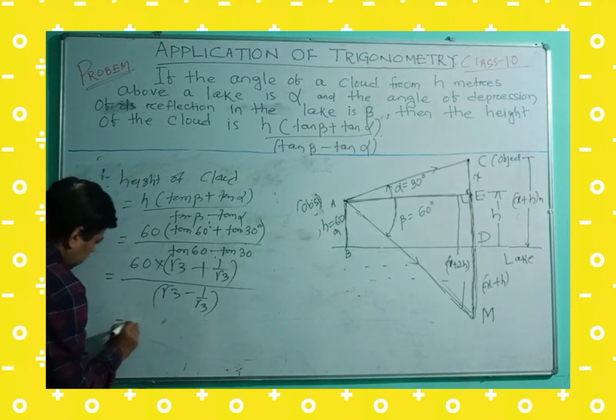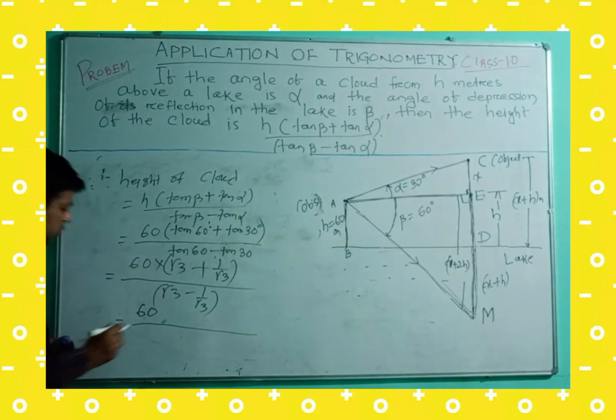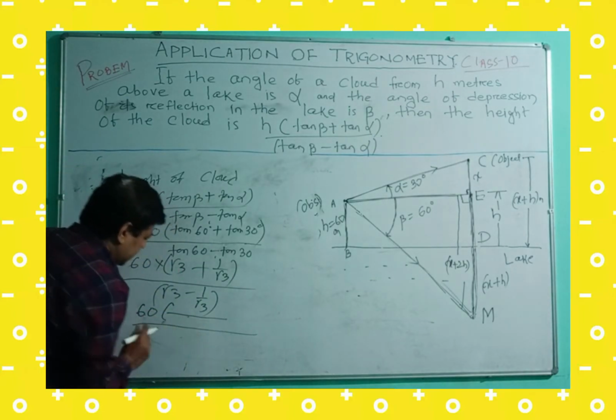Okay, you must take care of calculation, dear students. Here 60 whole into, it will be root 3 multiplied by root 3, which is what? Here the LCM will be root 3.